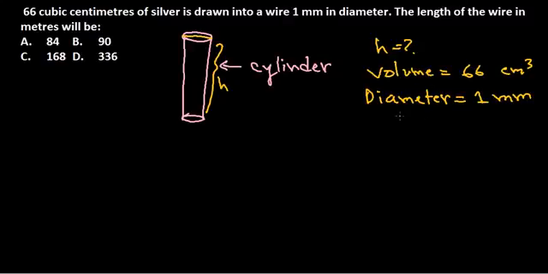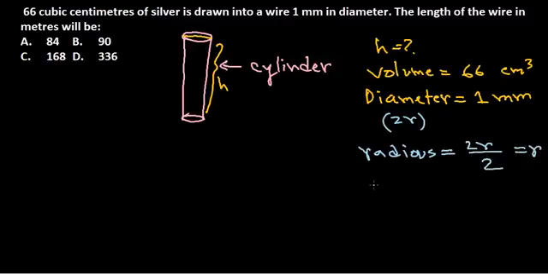Diameter means 2r, so we need to calculate the radius, because the radius is required for our calculation. Radius means diameter divided by 2, because diameter is equal to 2r. So with a diameter of 1 divided by 2, we get our radius in millimeters.